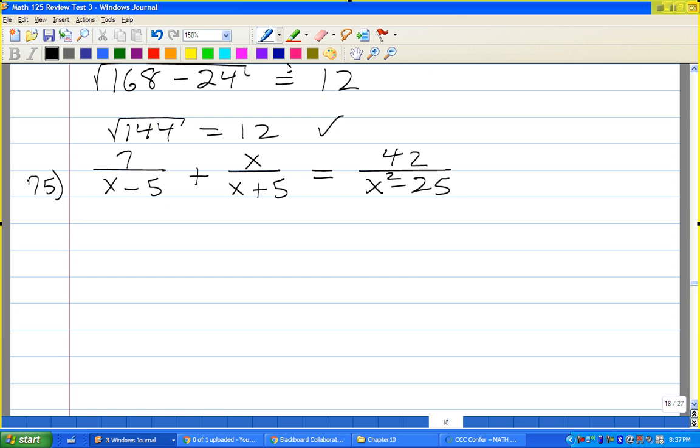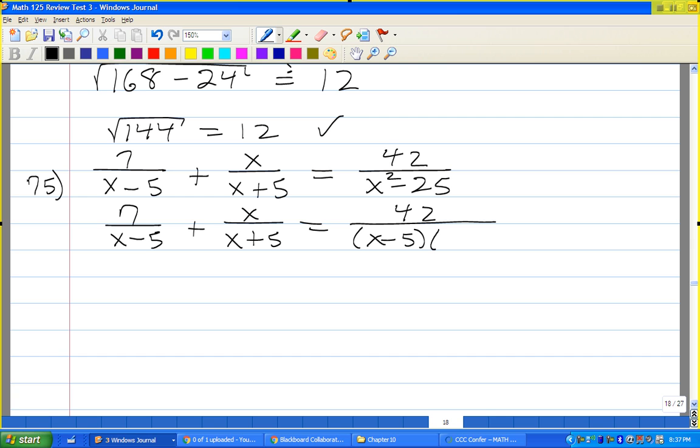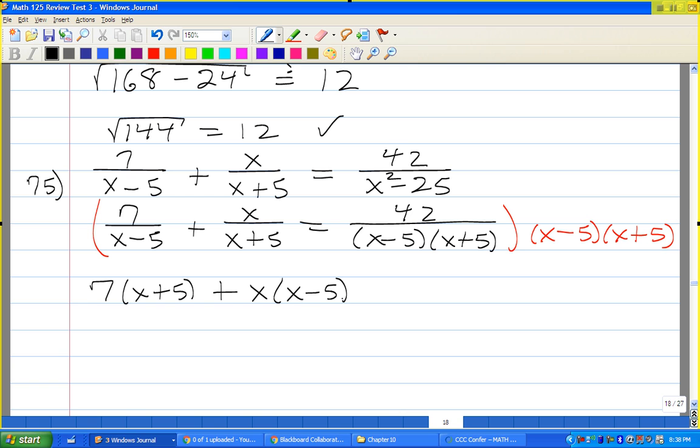Notice that I can factor x squared minus 25 as x minus 5, x plus 5. And so let me multiply both sides of my equation by x minus 5, x plus 5. Well, the x minus 5's cancel, so you get 7 times x plus 5, plus the x plus 5's cancel, so you get x times x minus 5.